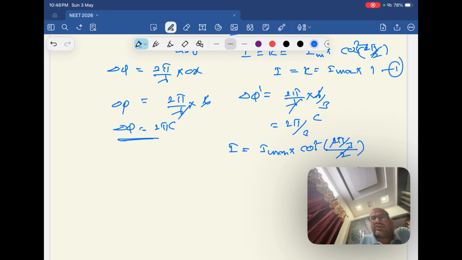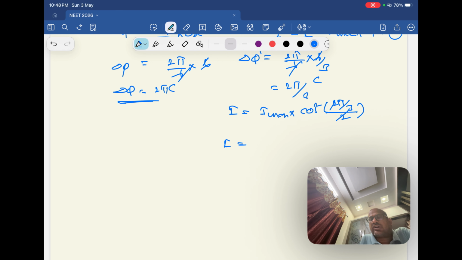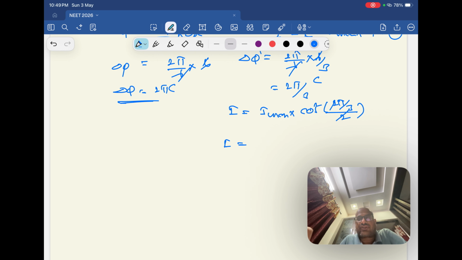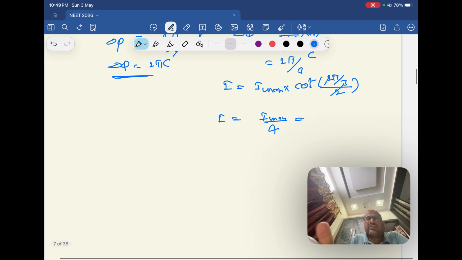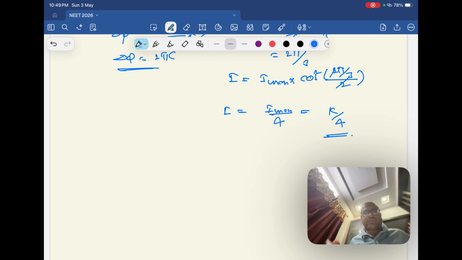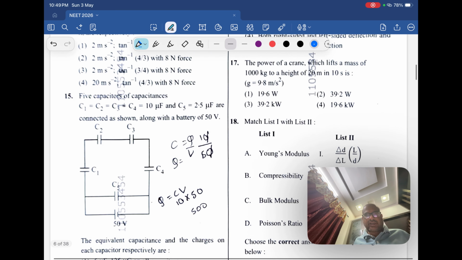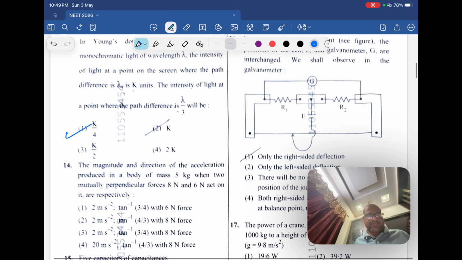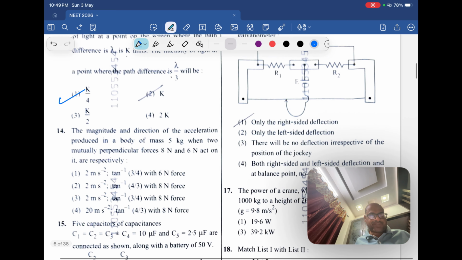So this will be cos 60, cos pi by 3 is 60 degrees, right? So cos 60 is 1 by 2, whole square, that is I maximum by 4. But in the first case, I maximum value came equal to k. So this will now be k by 4. Okay, as the NCERT question, focus on that question. So which option is correct now? That comes out to be k by 4, option A.